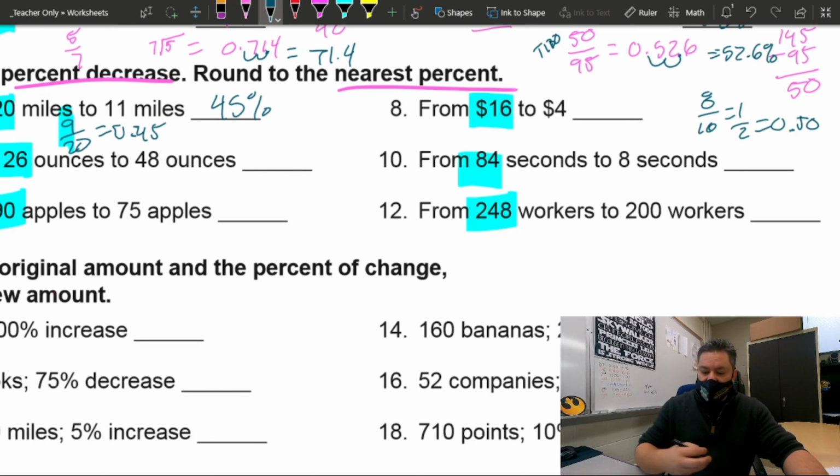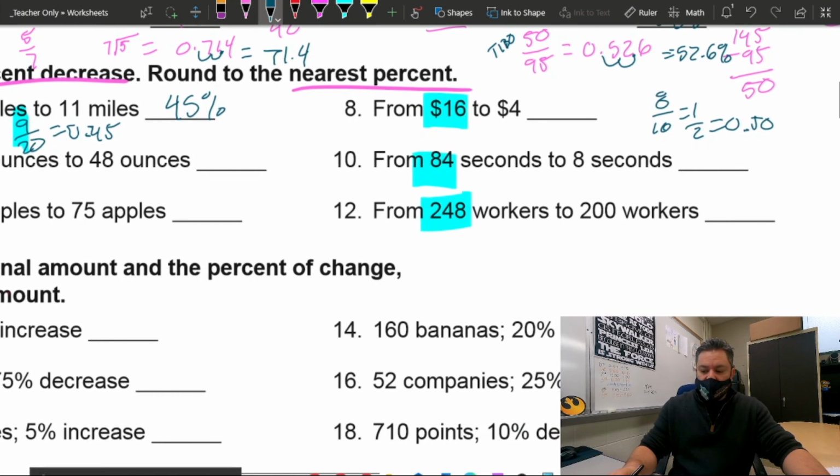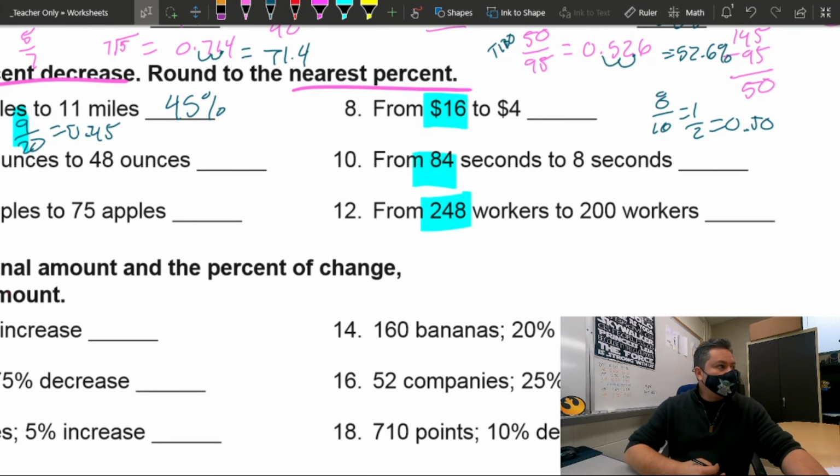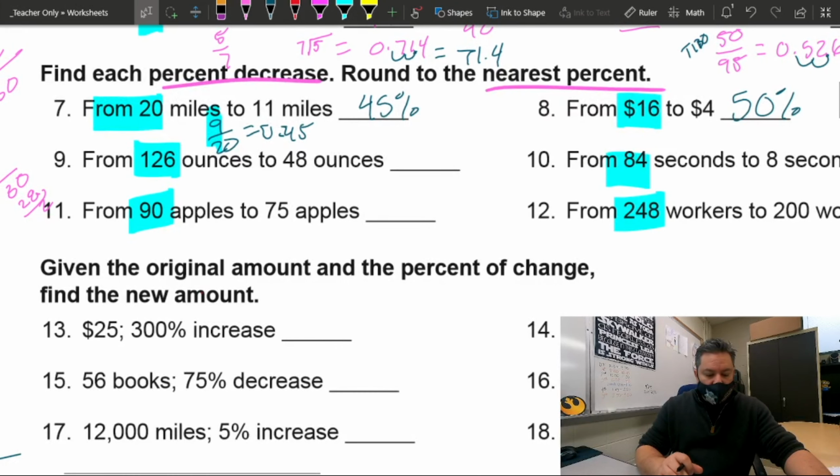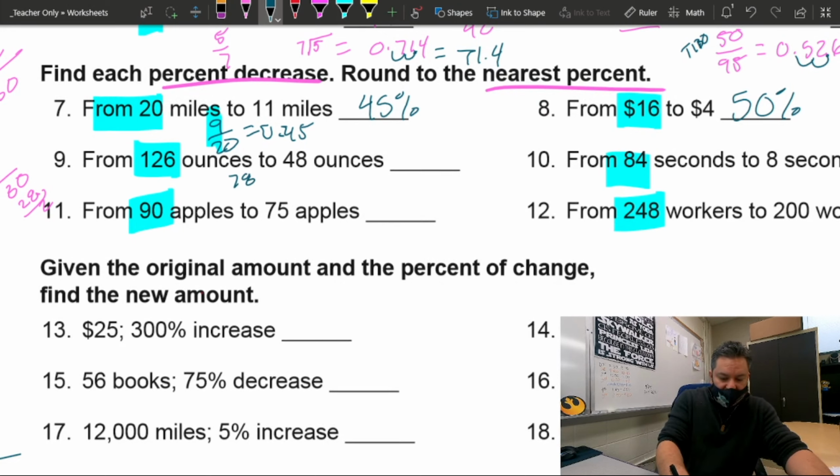What percent is that? What percent is 0.50? I mean 50. 50% decrease. Very good.